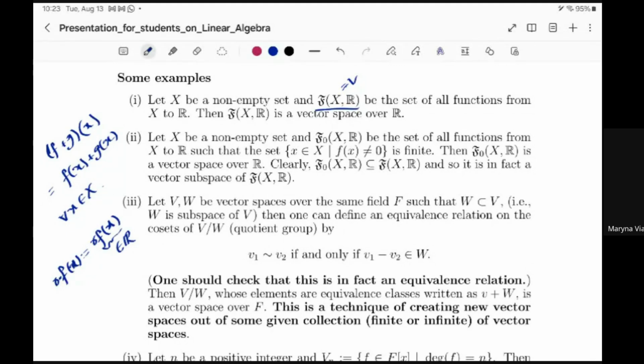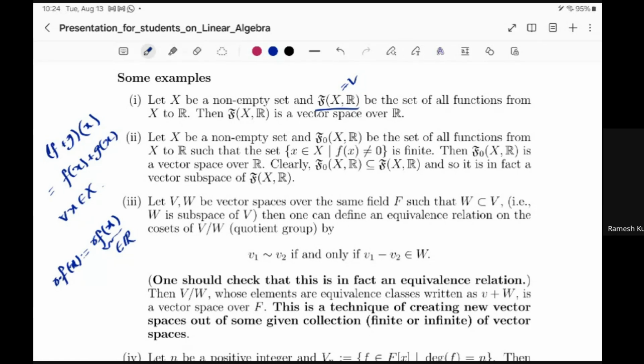So F naught(X, R) is a subset of script F(X, R), but we are not considering all the functions. We are considering exactly those functions such that the set of all the x's where f does not vanish is finite. These kinds of sets are called the support of a function f.